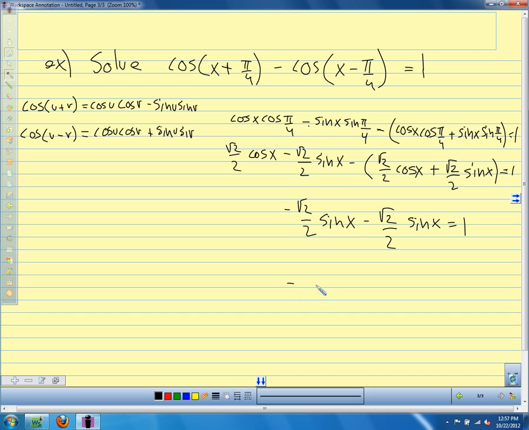So I get minus 2 times square root of 2 over 2 sine x equals 1, and the twos cancel, so I get minus square root of 2 sine x equals 1.